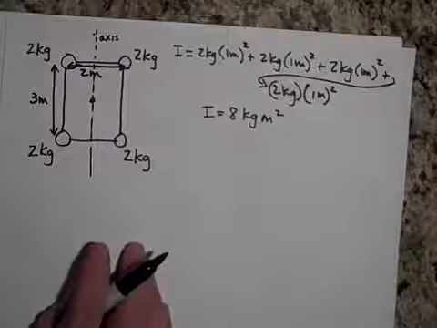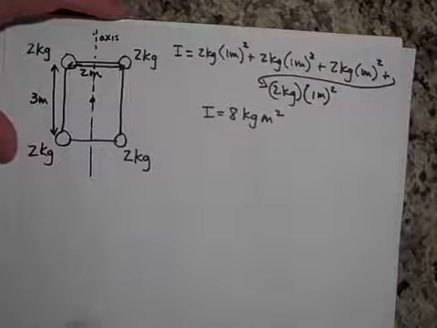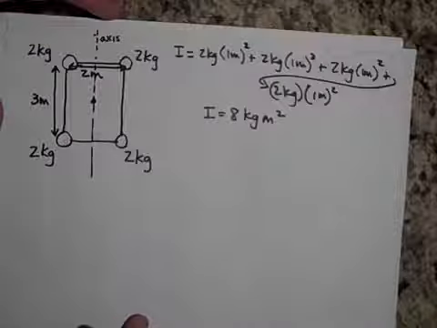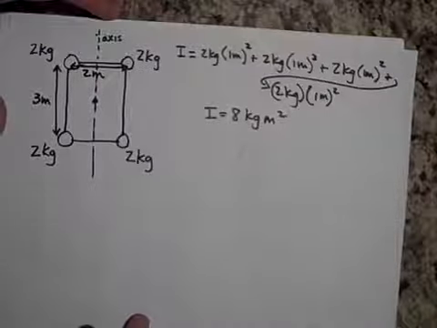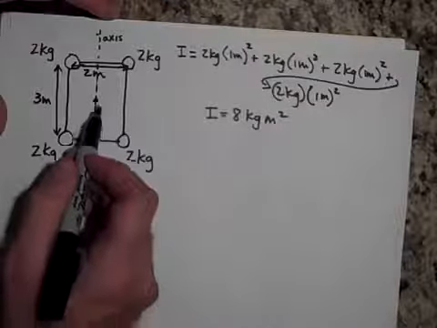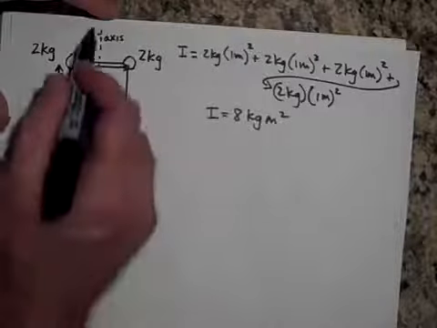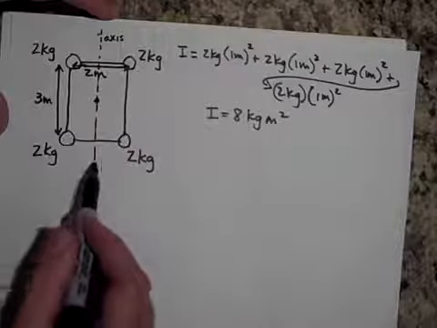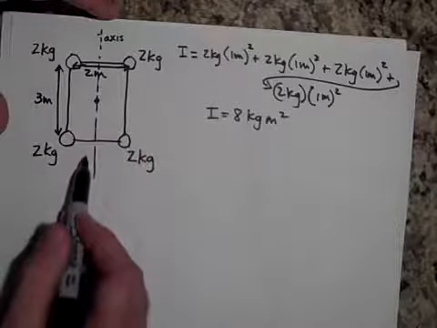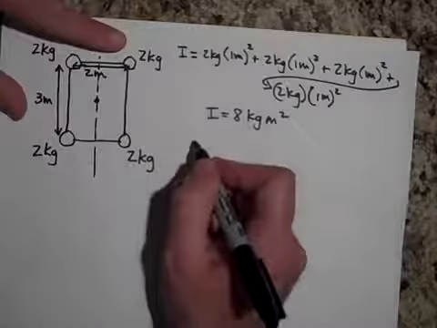Okay, well, here's the thing. The parallel axis theorem says if you want to find the I about an axis that's not through the center of mass but is parallel to that axis, and you know what I is for this axis, then you just use this equation.